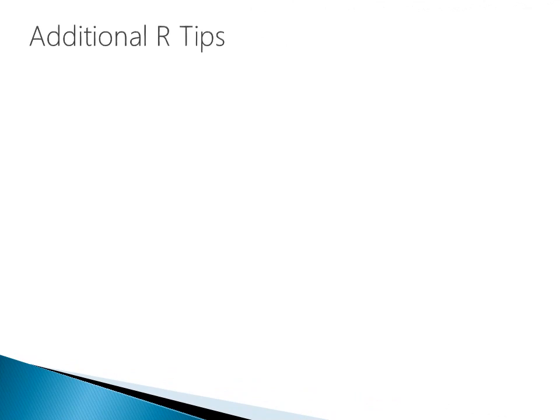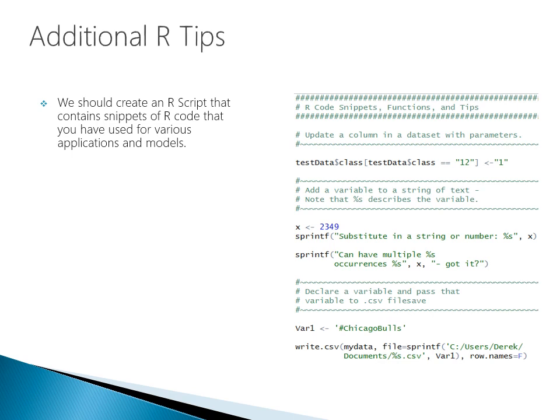I want to spend a little time talking about some additional R tips that will help get us up and running quickly. We should create an R script that contains snippets of R code that you've used for various applications and models. I like to think of this as a recipe book. So, depending on my mood, if I'm cooking for lunch, for example, maybe I want a sandwich.